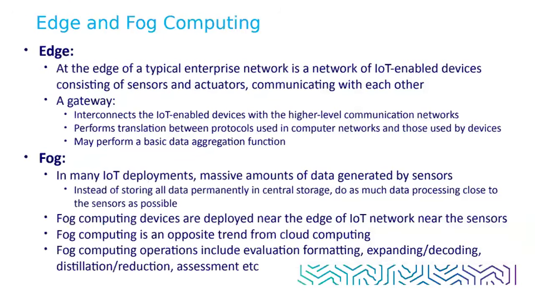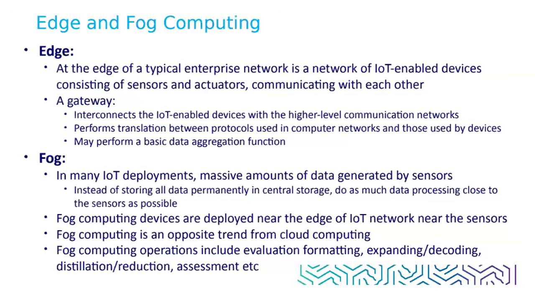To handle this, we have two important mechanisms. One is edge computing and another one is fog computing. To improve efficiency and reduce delay, IoT systems use edge computing and fog computing because modern IoT systems contain thousands of sensors and millions of connected devices.